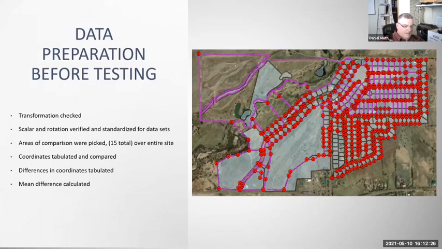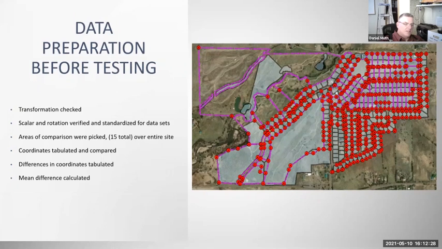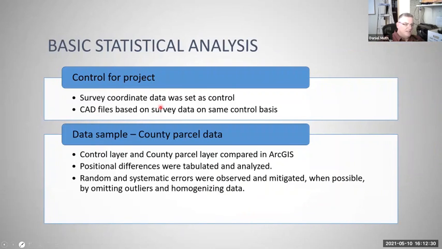When I brought the data into ArcGIS, I took the survey coordinate data and set it as control, and then brought in the polygons from the CAD files and used that as secondary control. I then compared that to the parcel layer that I had created, the sublayer for River Run, and again looked at the positional differences and analyzed those differences.